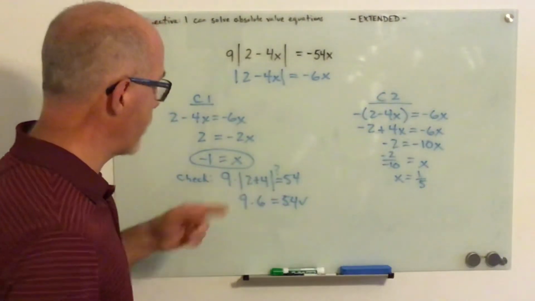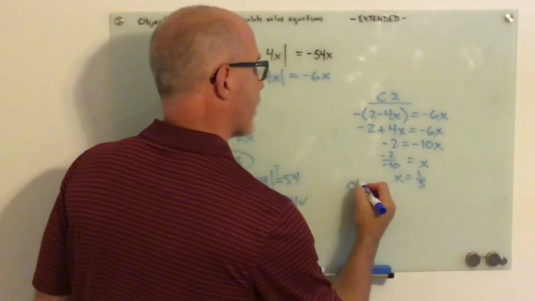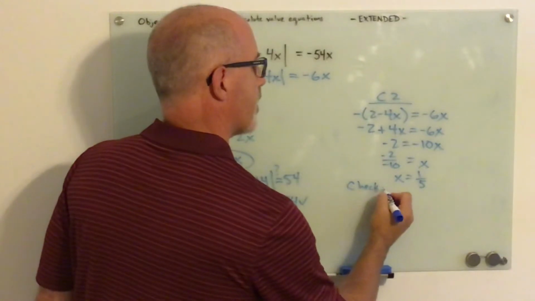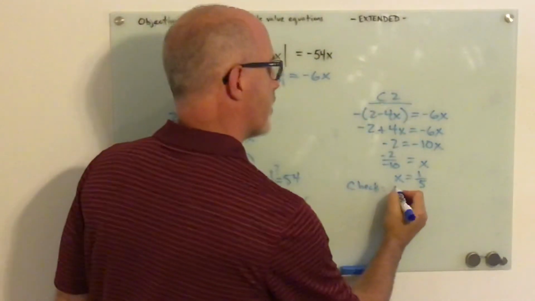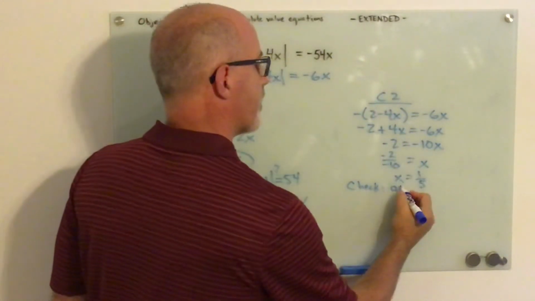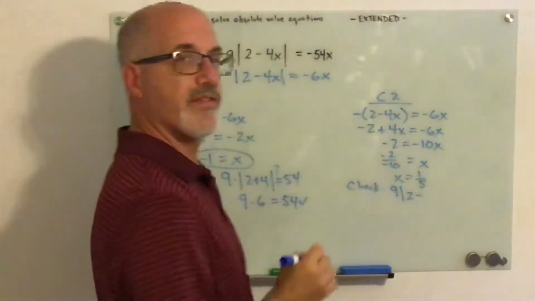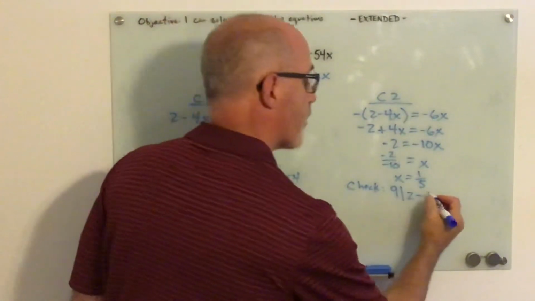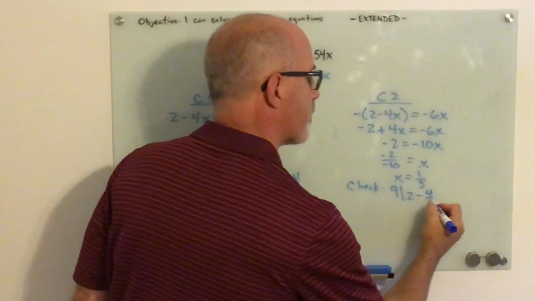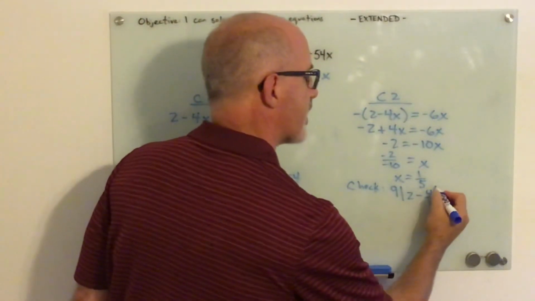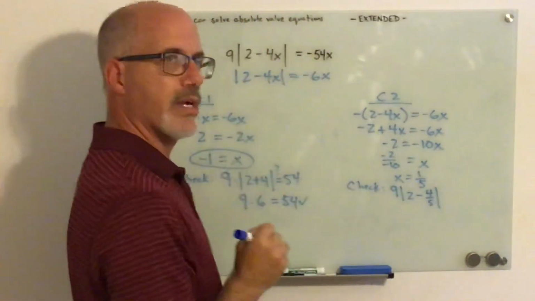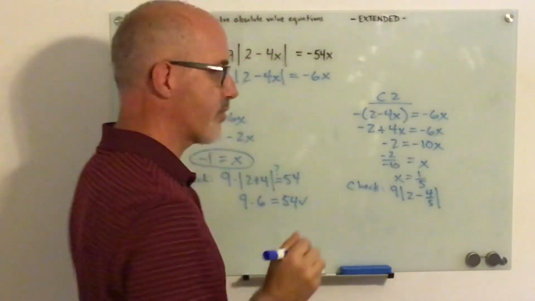Now let's go ahead and do a check for this one as well. For this check, I'm going to put it back into the original. So the absolute value of 2 minus 4 times 1/5, 4 times that gives me 4/5. When I multiply a number by a fraction, you think of that as 4 over 1 times 1 over 5, which is 4/5.